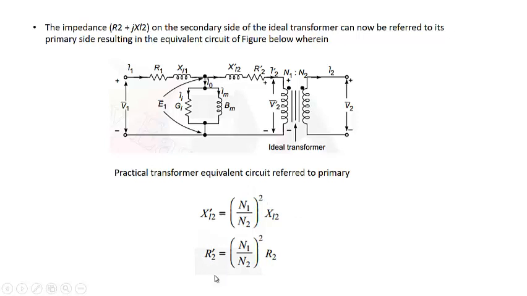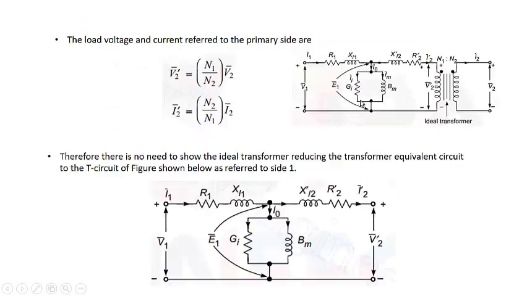Similarly, R2 dash will be equal to N1 by N2 whole square into R2. V2 dash will be equal to N1 by N2 into V2, and I2 dash will be equal to N2 by N1 into I2. This is the equivalent circuit.